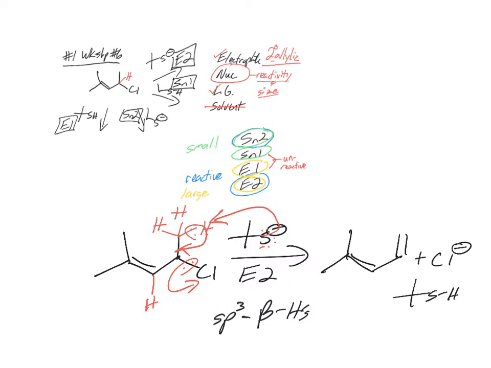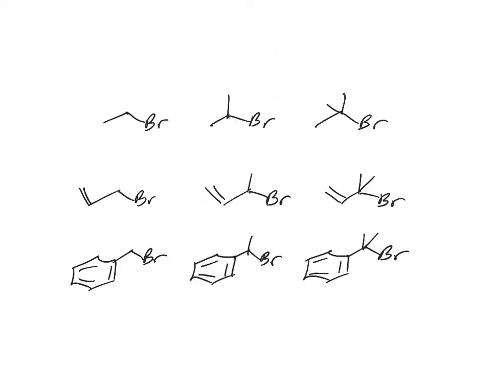Balance your charge. Right, be careful to balance your charge. There's a Cl minus formed. So make sure you balance your charge. And that's the only product you'll make from an E2 reaction in this case, because it only has 1 type of sp3 hybridized beta hydrogen. That's the only alkene product you're going to make.